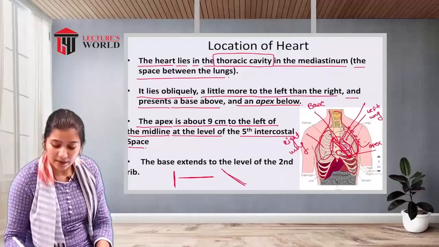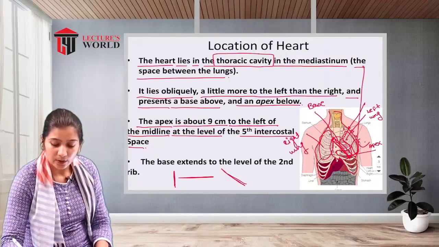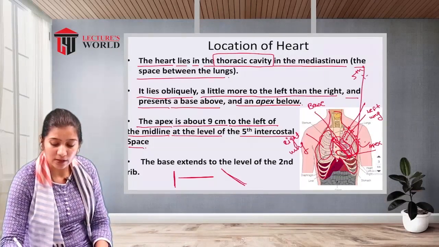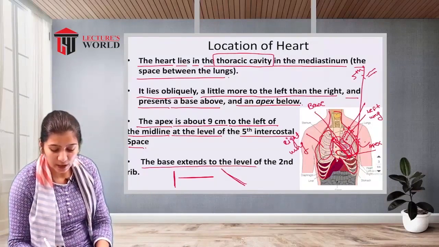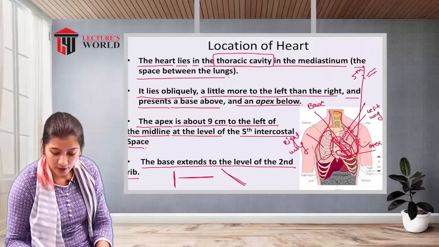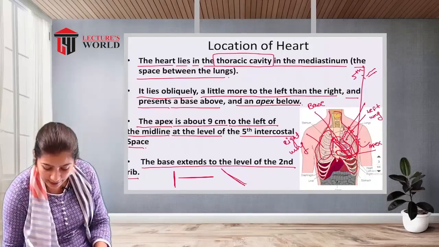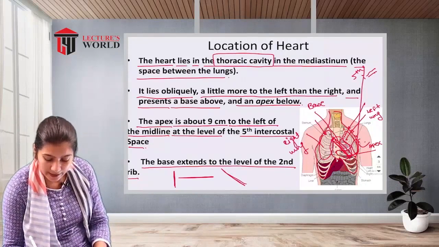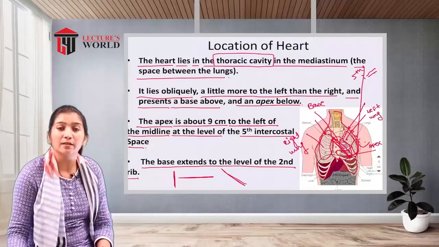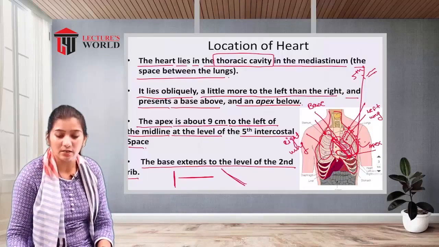So the apex is at the fifth intercostal space and the base extends to the level of the second rib.